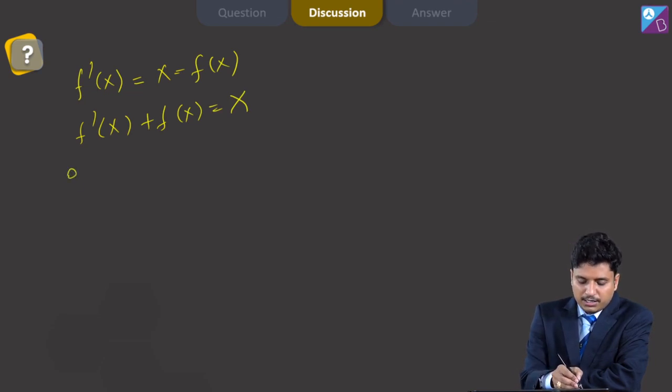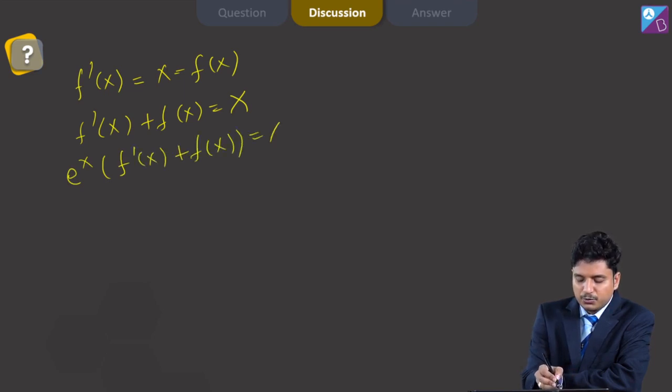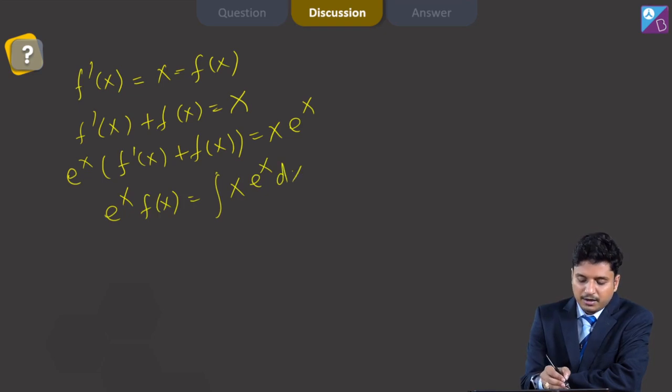If we multiply by e to the power x, we get e to the power x into f dash x plus fx is equal to x into e raised to power x. If we integrate both sides, this is e to the power x into fx, and on the right side we get the integration of x e raised to power x, which is x e raised to power x minus e raised to power x plus c.